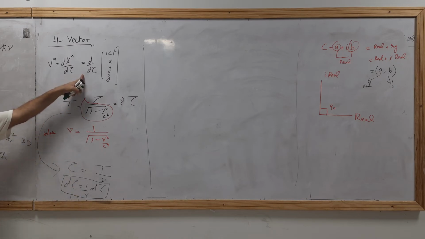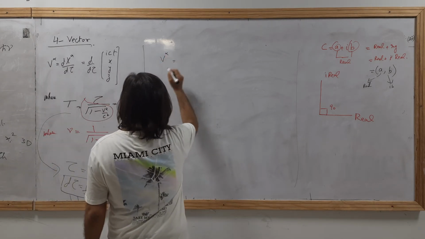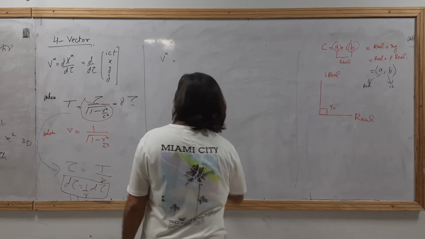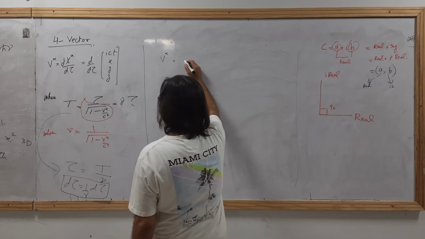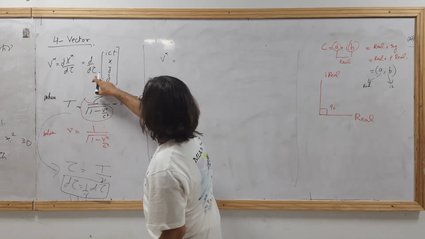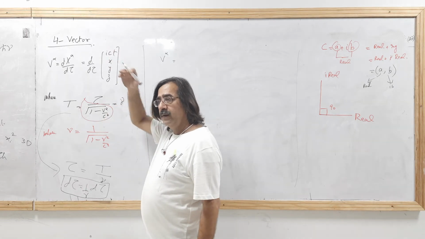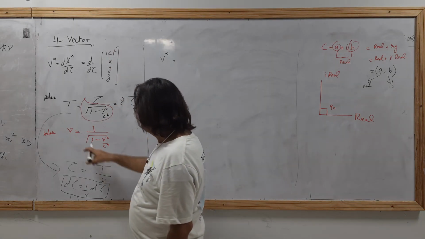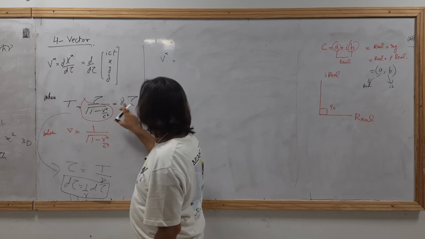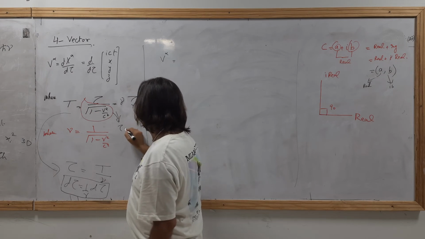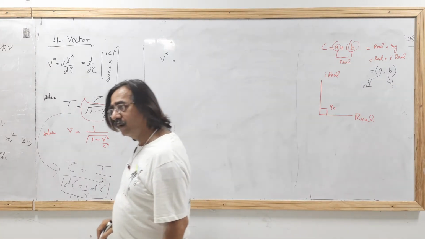By putting this value here, okay, you will get V alpha will be equal to, divide over denominator, so when we divide it, it will be... T equal to gamma tau, this implies that tau is equal to 1 over gamma T. Okay, got it?